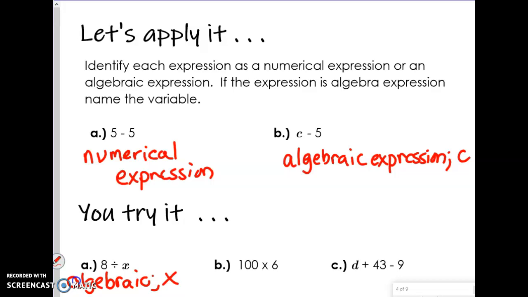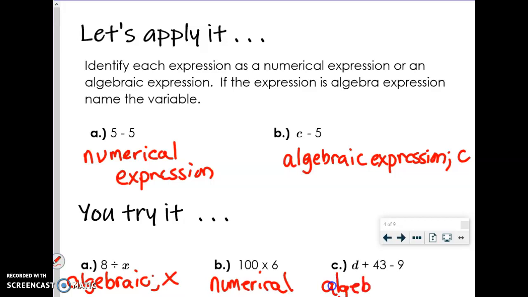Hayden, B. Numerical. Okay. C, Xavier. Algebraic. And what is your variable? Did you say that already? Oh, I didn't hear you. Sorry. D, sorry. I just didn't hear you.